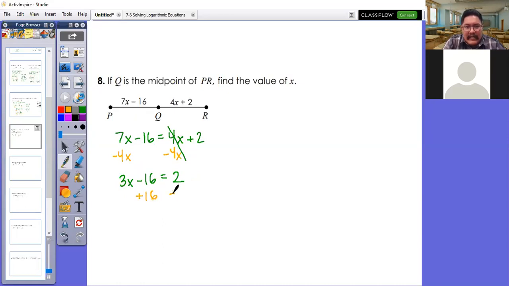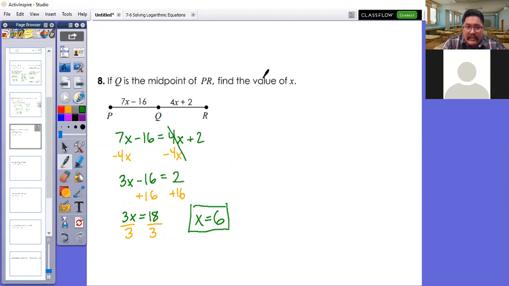I'm going to go ahead and add 16 to both sides, so that way we get this away. We want to get all these numbers away from that x. Divide by 3. x equals 6. And it looks like we're done, right?